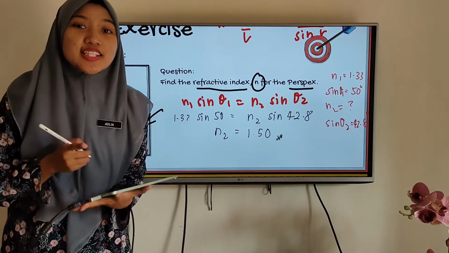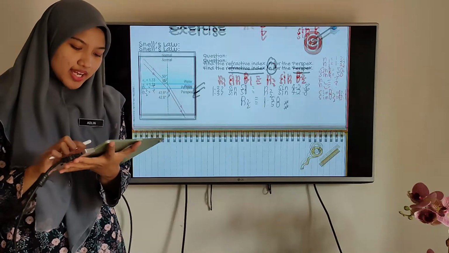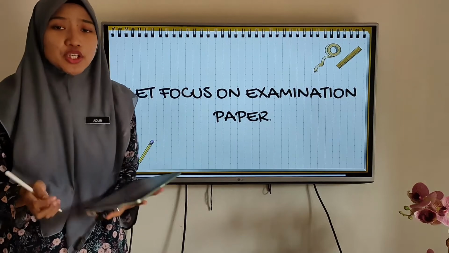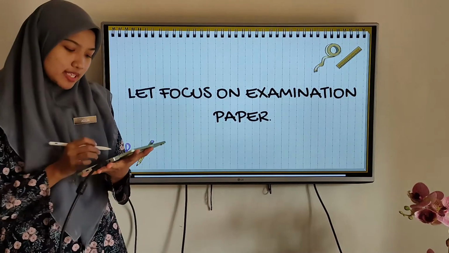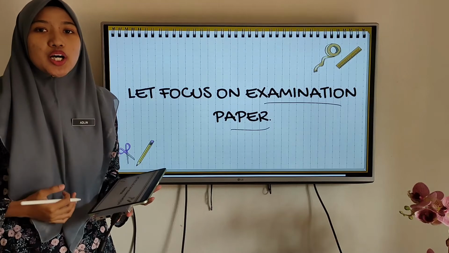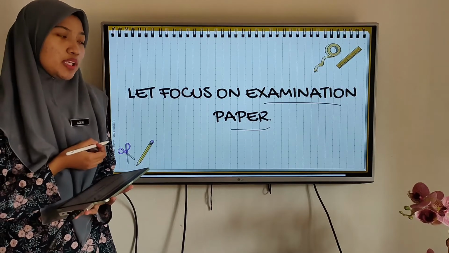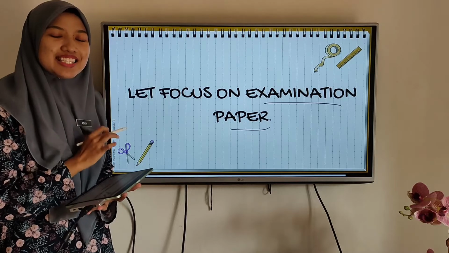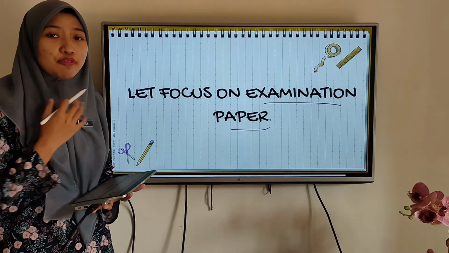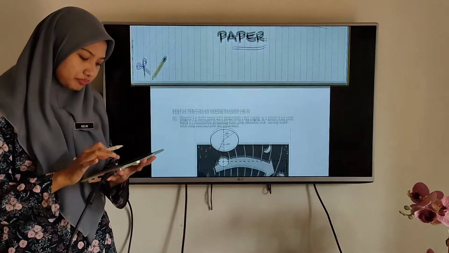So Yana's answer is correct. Congrats, Yana. Well done. You understand what I focus on. So let's focus on the examination paper, which is very important for you to understand in this chapter. It is an easy topic, right? I want you to get full marks and never make a mistake. Okay?